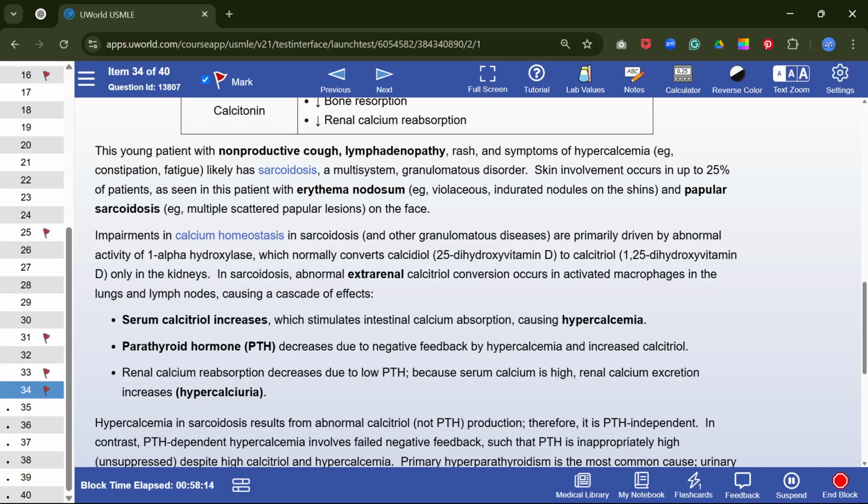I don't get these three points. Can you explain to me? Like this calcitriol. Yes. And why is PTH low? Yes.